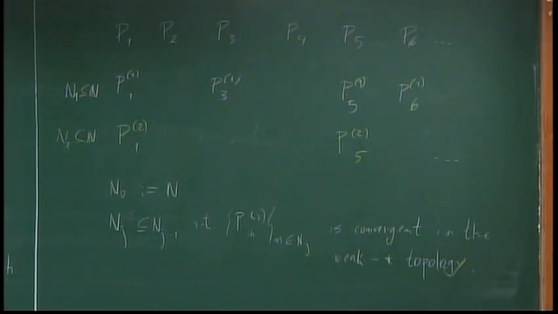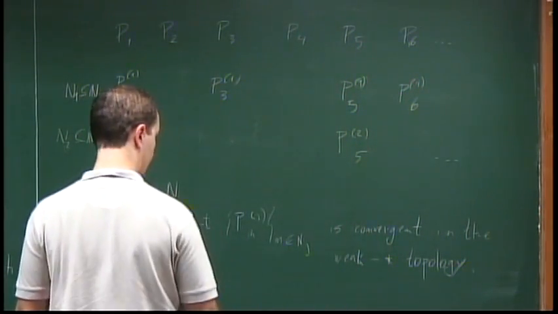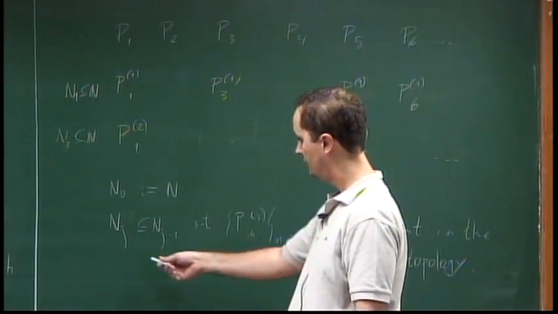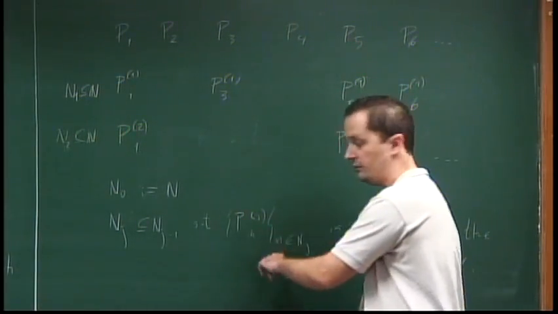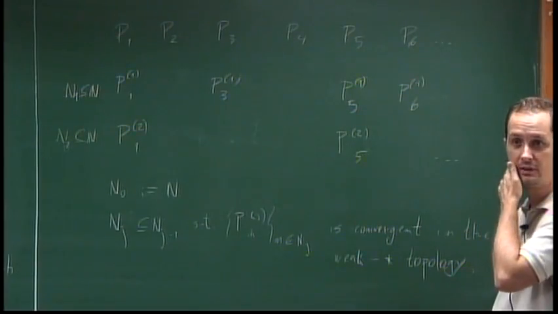And then what you do is, right, so this we can always do, right? Because we know we can always find convergent subsequences from subsequences of subsequences.